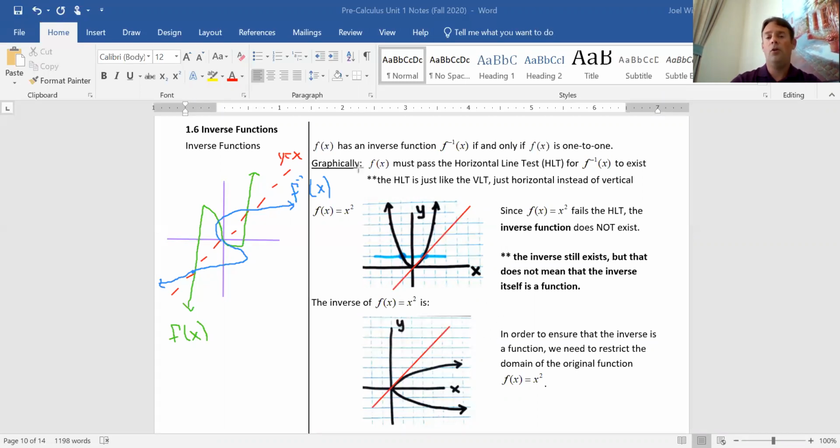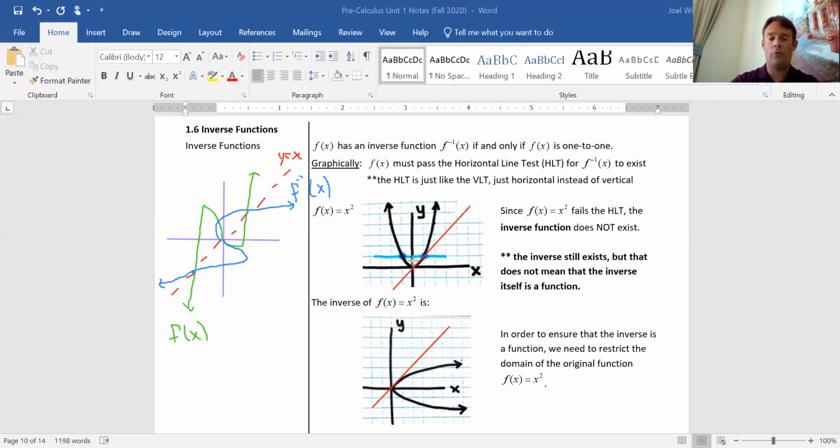Okay, so in pre-cal, when we're dealing with inverses, we only will deal with just a portion of the function that will allow the inverse to also be a function. So for instance, if I were to take a look at this graph here, what if I limit it? And this is called limiting the domain. What if I limit it in such a way that although I know this passes the vertical line test, I only took part of the function that would also pass the horizontal line test?